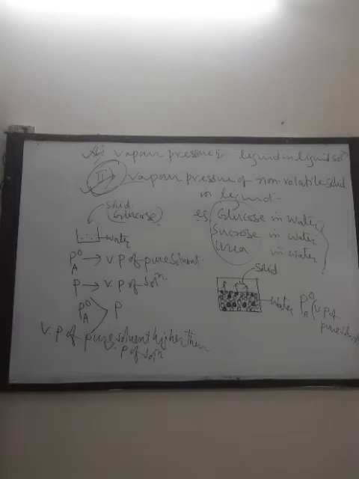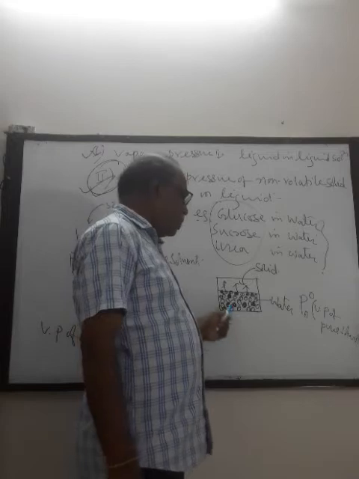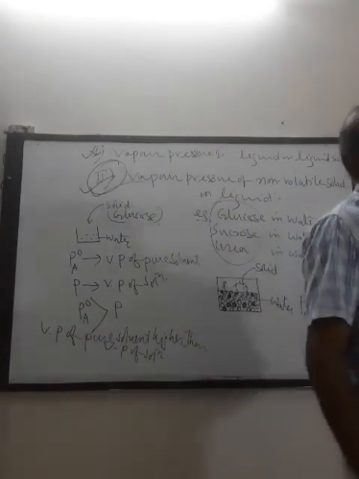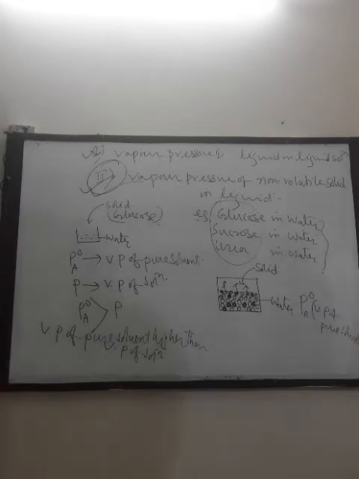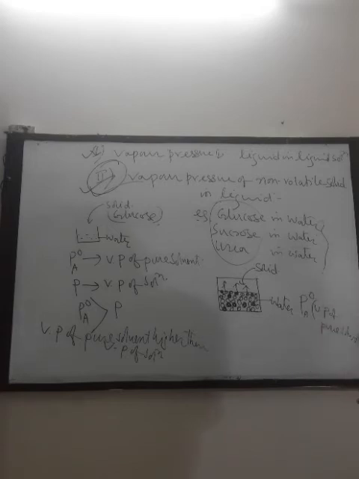There is another reason. If we consider pure water, only water molecules, then only liquid-liquid interaction takes place. If some solid is added to water, then solid-liquid interaction takes place. In pure solvent, there is only solvent interaction.